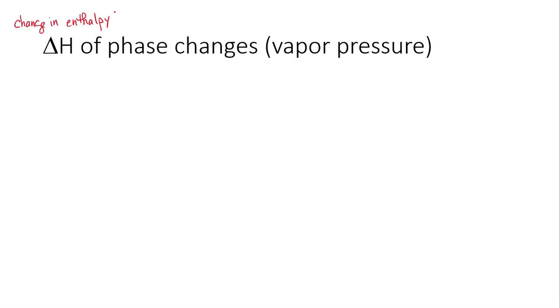There's a difference. Chemists and physicists argue about what energy means in a lot of different ways, and towards the end of this class, we're going to get more into what real energy is. For right now, we can just think of the delta H of phase changes as a change in energy. We've done this before. I'm not going to spend a whole lot of time on it. We did it last semester.